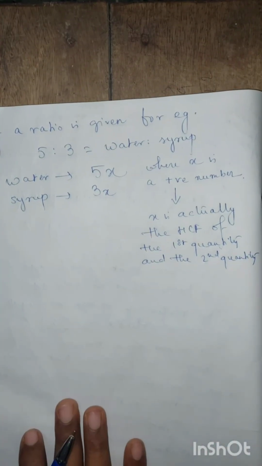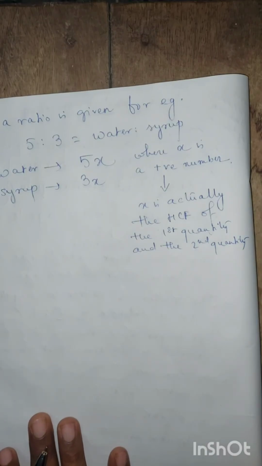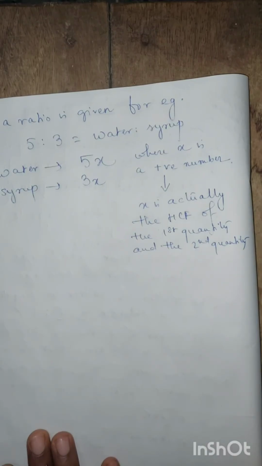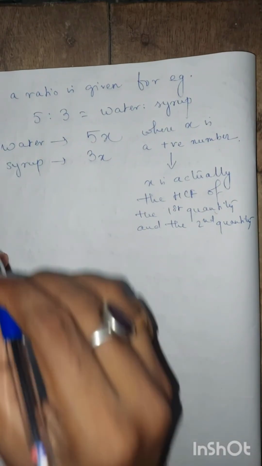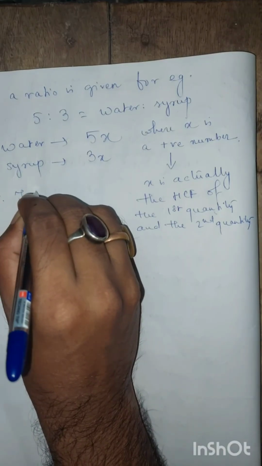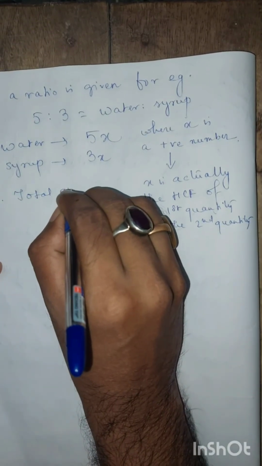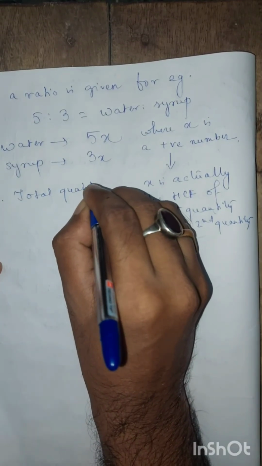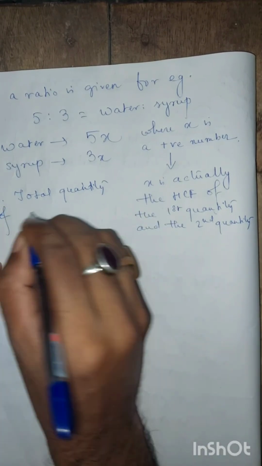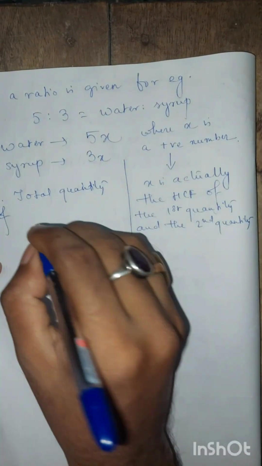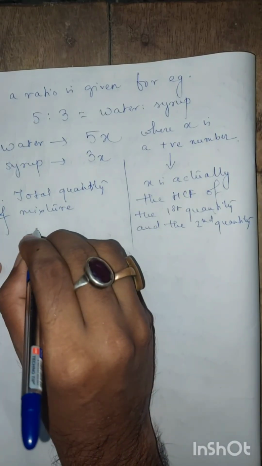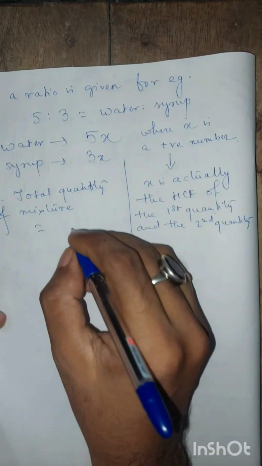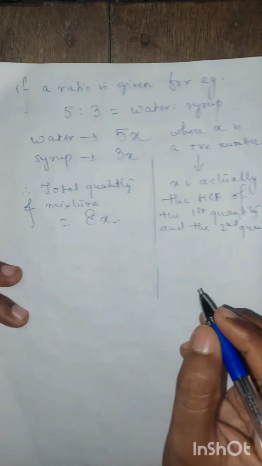So we are actually multiplying it by their HCF. Therefore, the total quantity of mixture becomes 5x plus 3x, that means 8x.